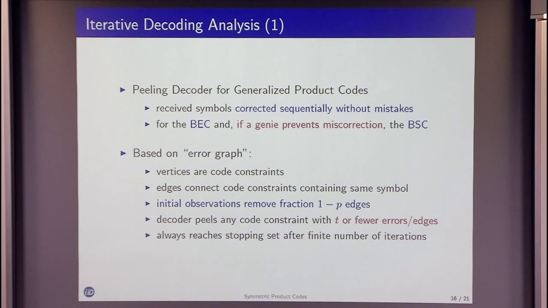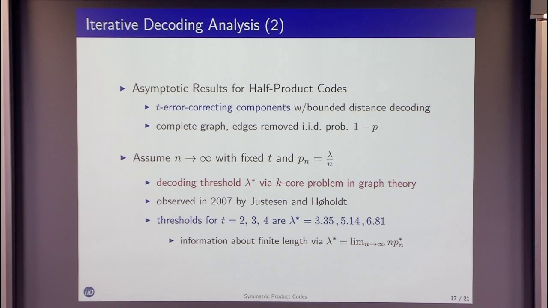And you've removed all edges independently with probability 1 minus p. So you have an Erdős-Rényi random graph. And it turns out, if you think of your decoder as peeling any code constraint which has t or fewer edges, this will always reach some stopping state. You're peeling your graph down after a finite number of iterations, and some nice things happen.